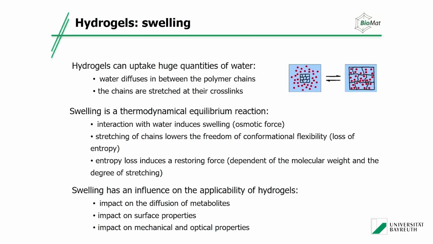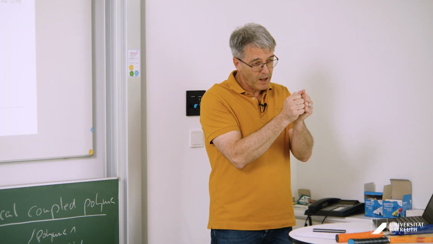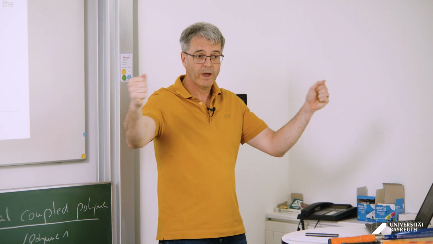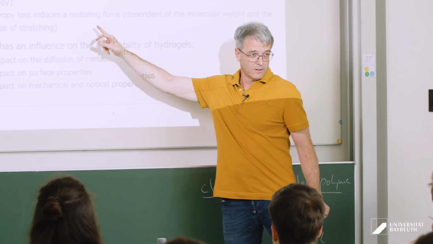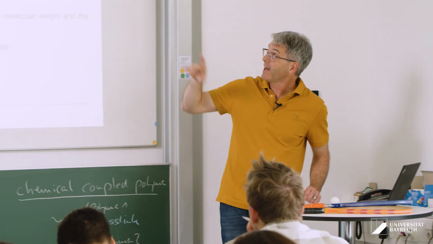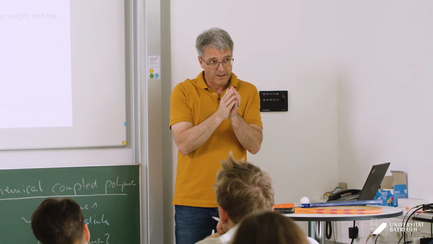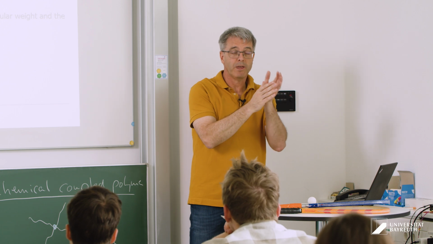And this now again has some implications on the polymer you choose for the hydrogel, because this restoring force will depend on the molecular weight and the degree of stretching. So you can take one and the same polymer and just vary the molecular weight, and you can actually induce a completely different restoring force. That means you can make a hydrogel out of a polymer at a low molecular weight, and this will behave differently.